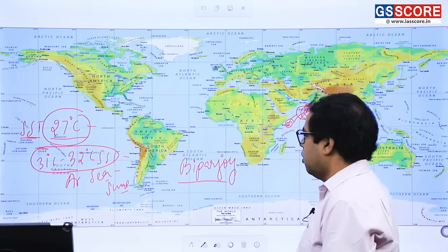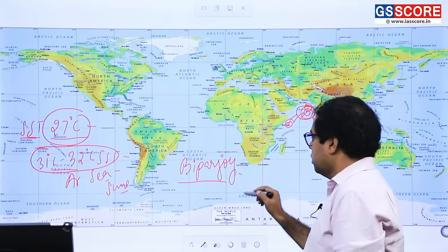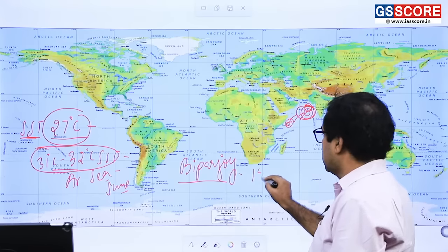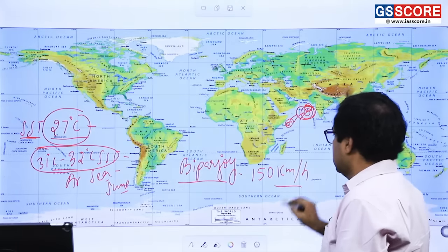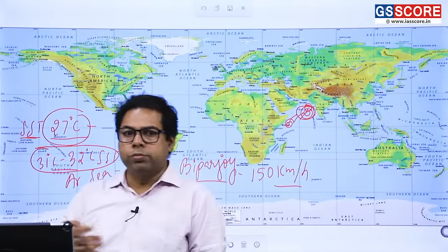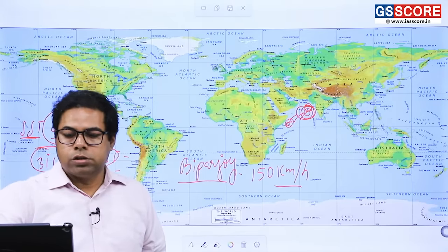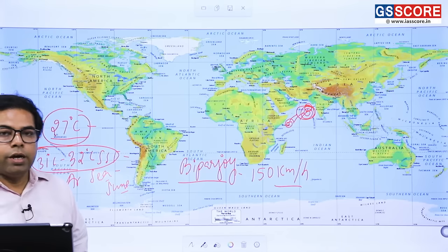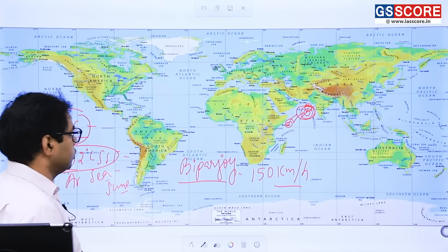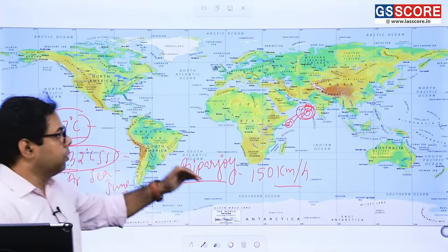We are all very much aware that in cyclone Biparjoy the wind velocity was recorded at about 150 kilometers per hour. This was very close to being declared a super cyclone. This cyclonic effect, observed very adversely in the 2023 Biparjoy cyclone, was the result of the marine heat wave.